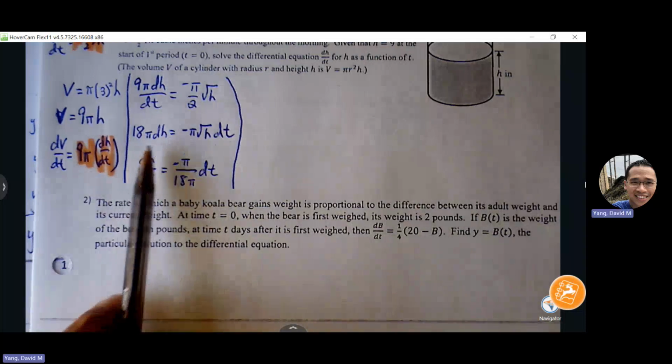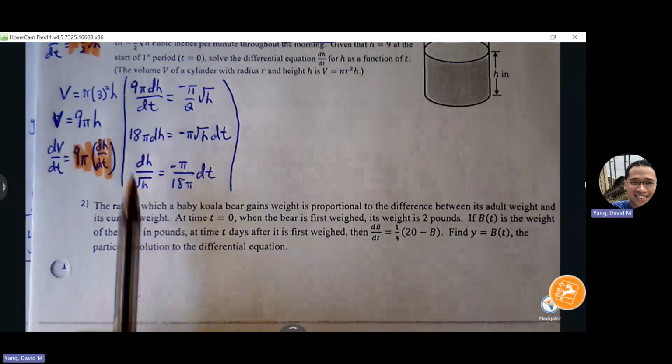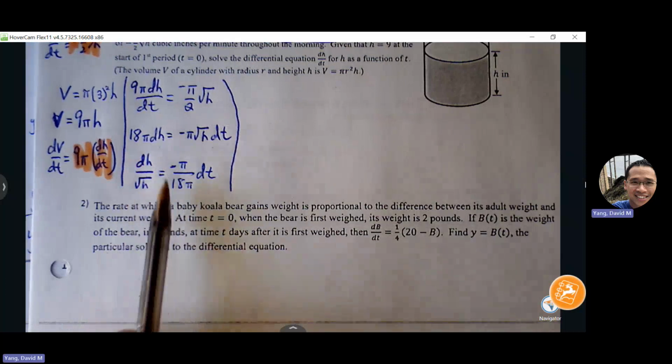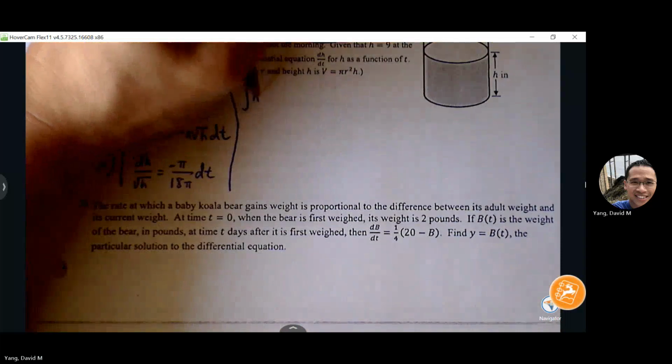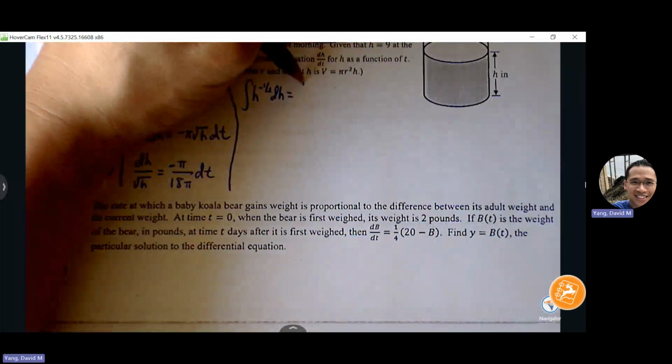Okay, so left side, I can get this ready for power rule, right? I don't want to leave this in the denominator. This is not a natural log rule here, because it's just root h. If it was just h, the first power in the denominator, then we do natural log, right? But any other power, we got to bring it up and do power rule. The left side, the right side cleans up to be just what?